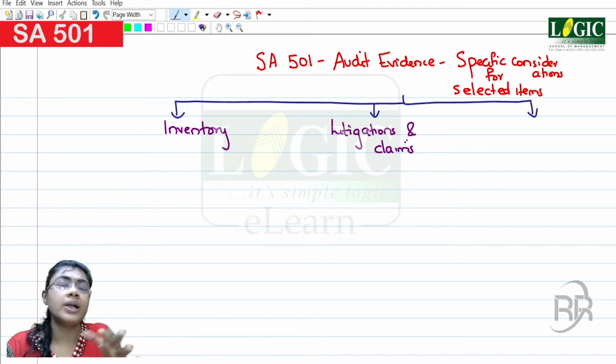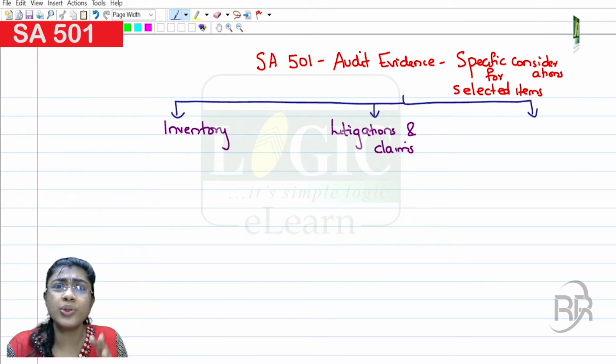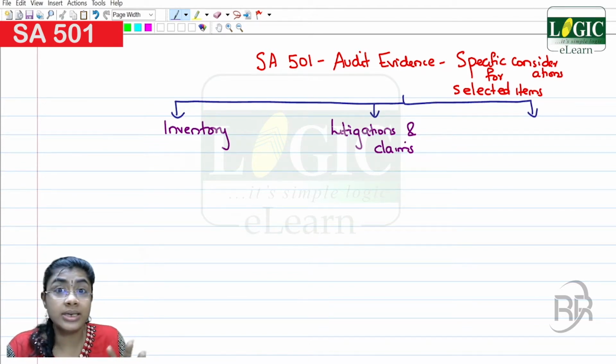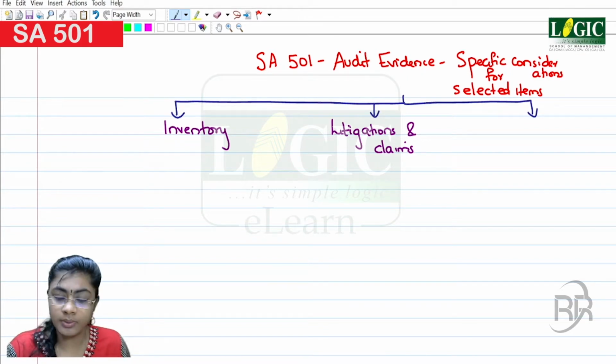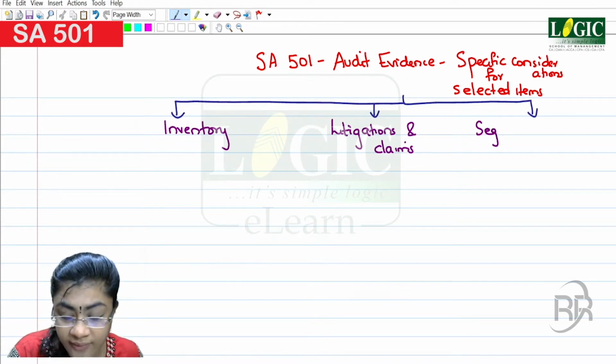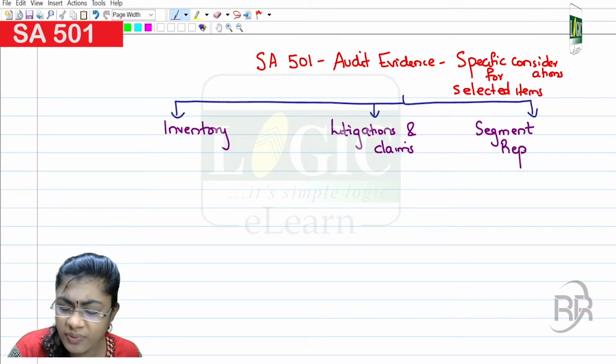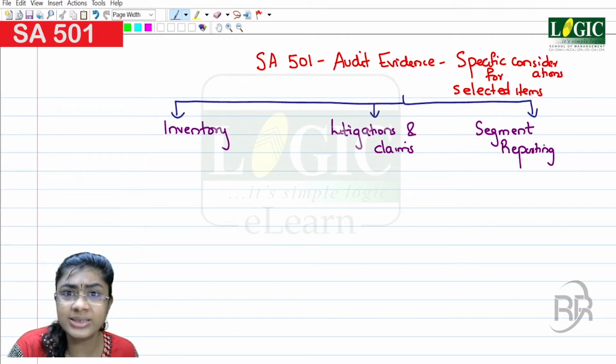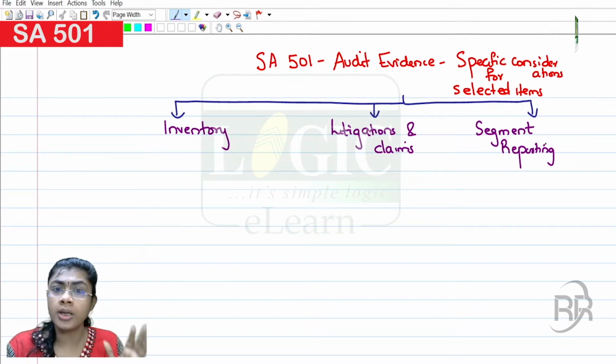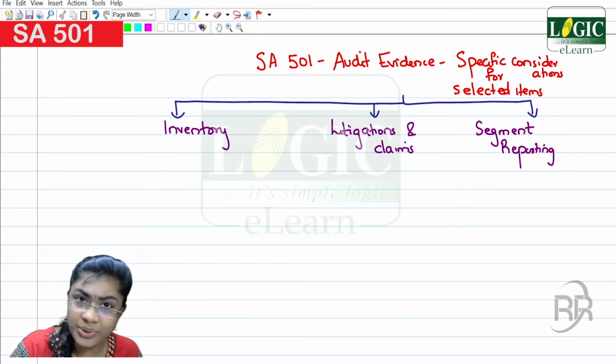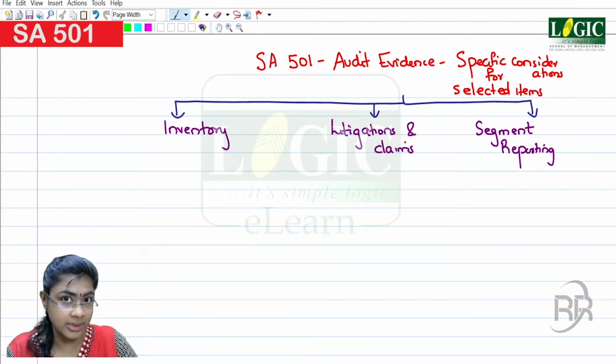Inventory, you know. Litigation and claims means those cases which are pending. Finally, you have segment reporting, which is nothing but your accounting standards. Now, these 3 are the selected items.